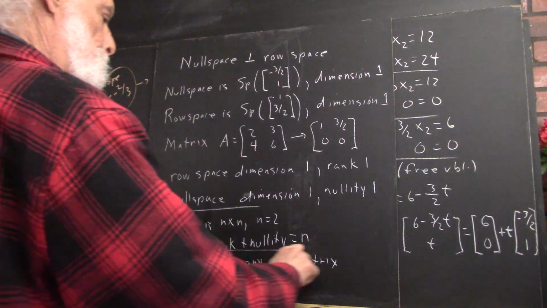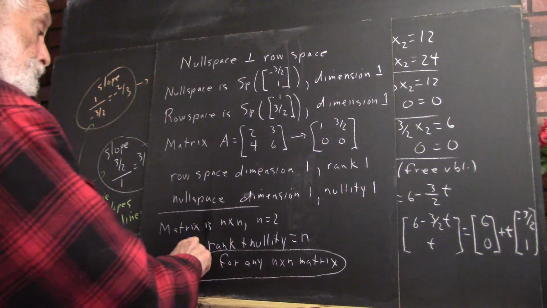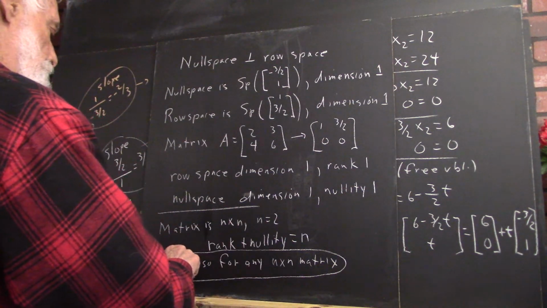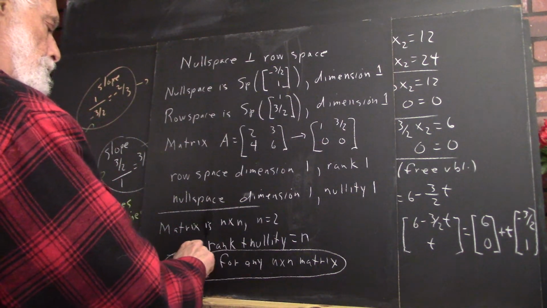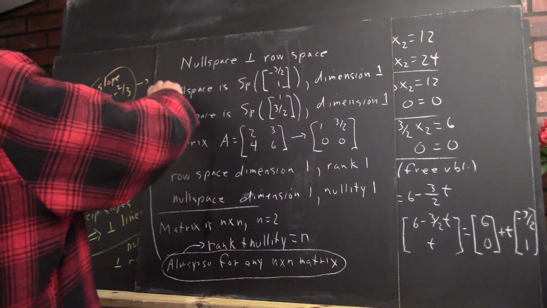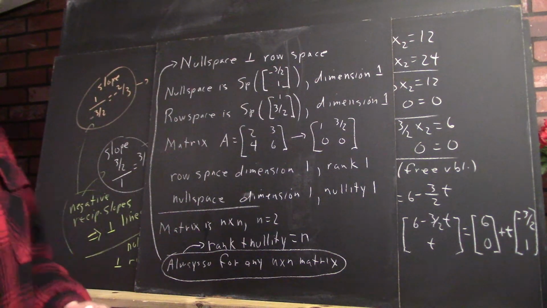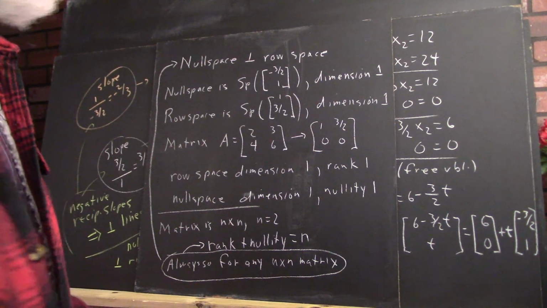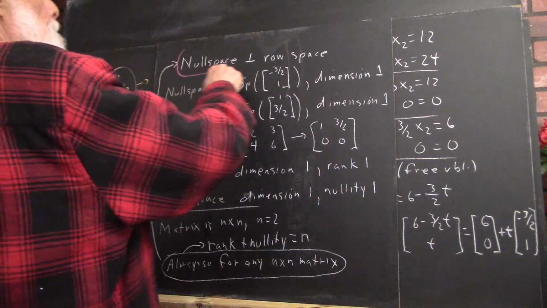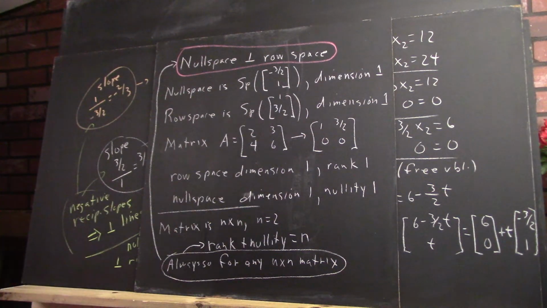Null space is always, for any matrix, perpendicular to row space.